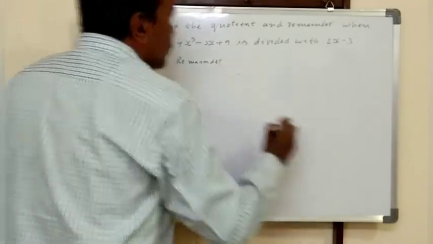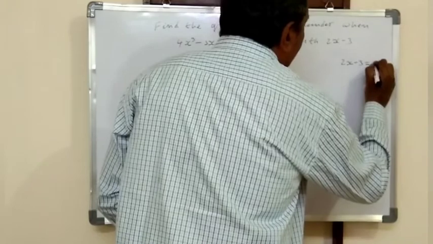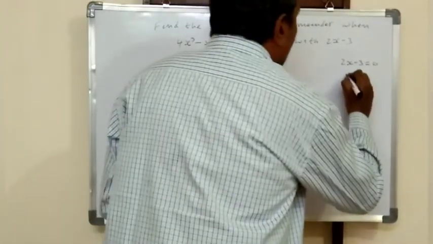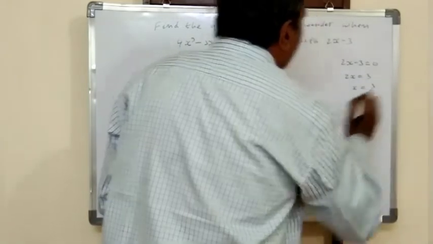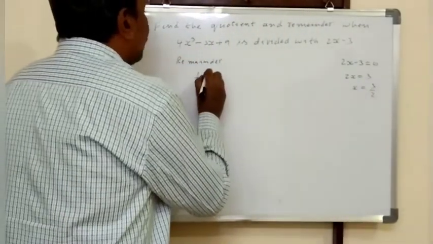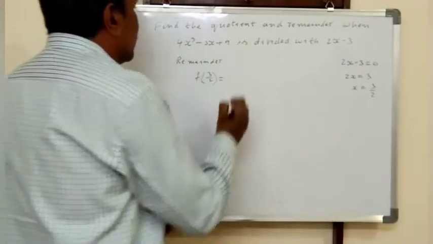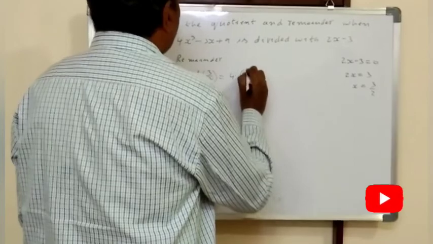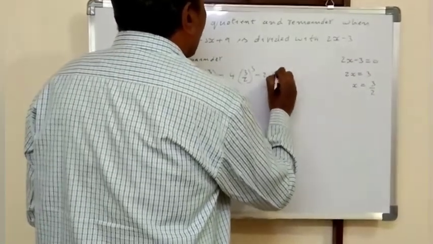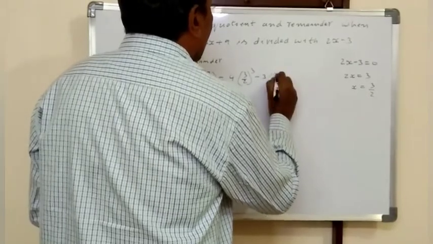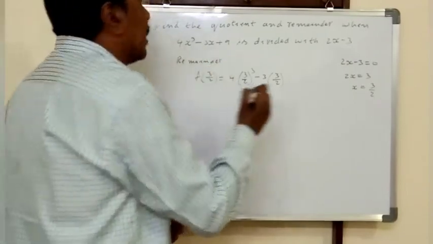First of all we will find the remainder. You already know, what is the zero of 2x minus 3? 2x minus 3 is equal to 0, 2x is equal to 3, x is equal to 3 by 2. So the remainder is f of 3 by 2. That is equal to 4 of 3 by 2 whole cube minus 3 into 3 by 2 whole square plus 9, substituting x with 3 by 2.